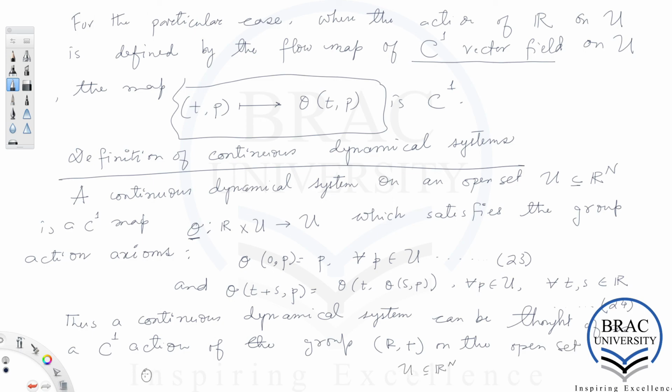So everything is encoded in this function theta t comma p. It means that this map is a C1 map, right? And the action is of the additive group of real numbers on the open set U of R to the n. And this map theta is the continuous dynamical system.